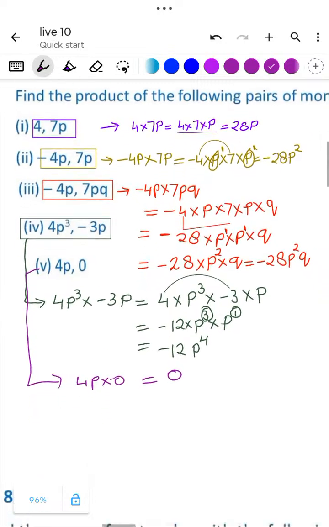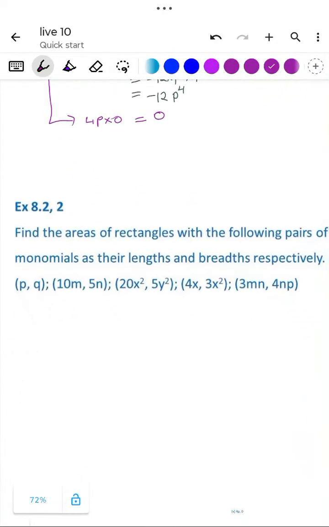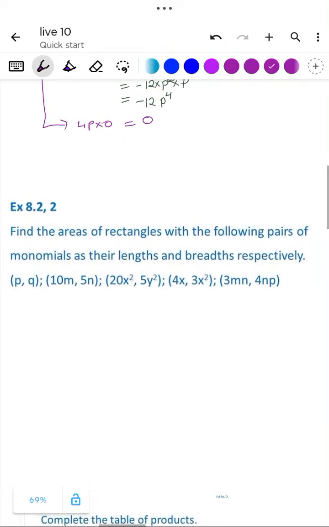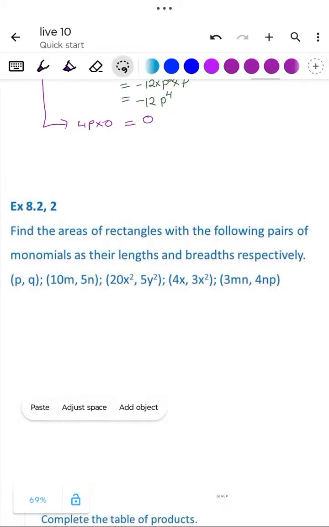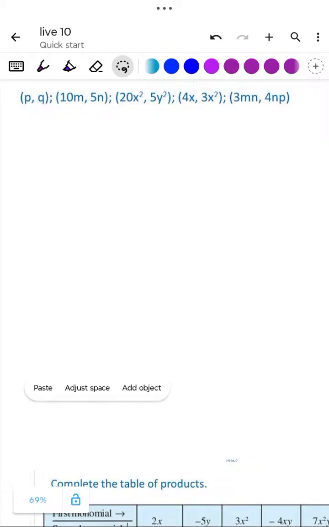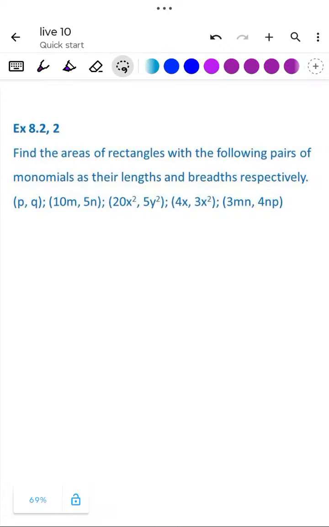Now the second question is: find the areas of rectangles with the following pairs of monomials as their lengths and breadths respectively.